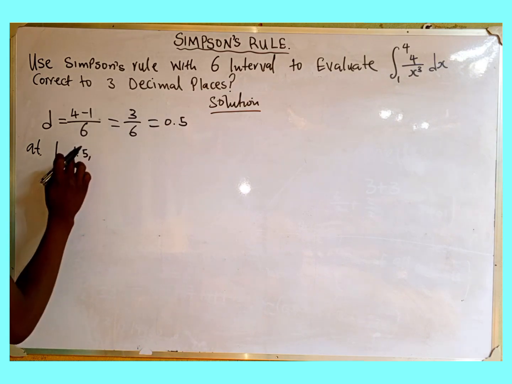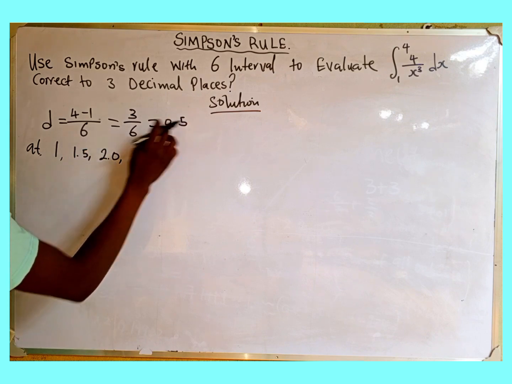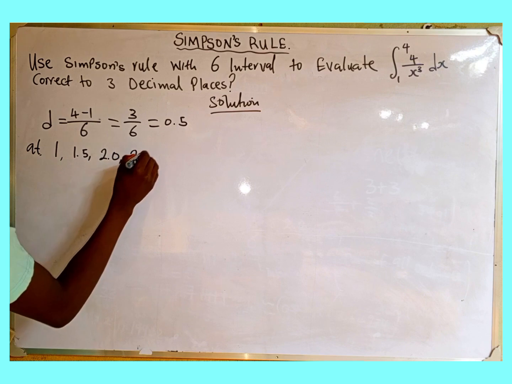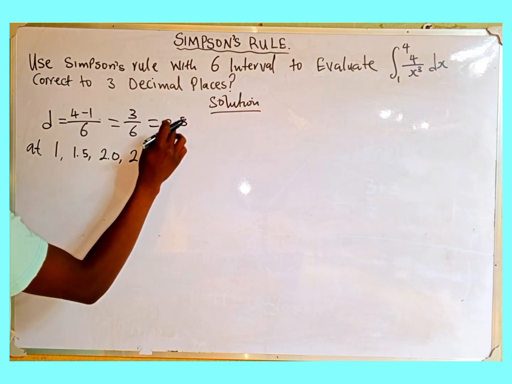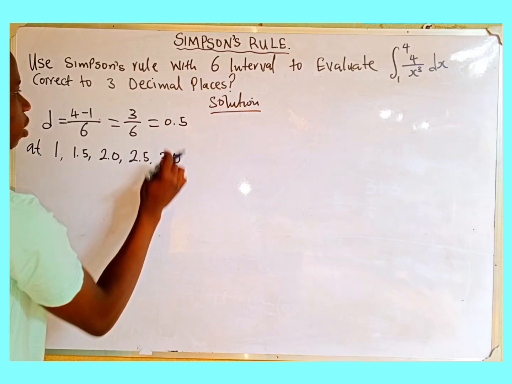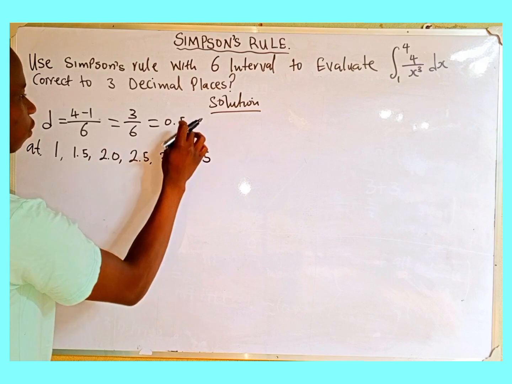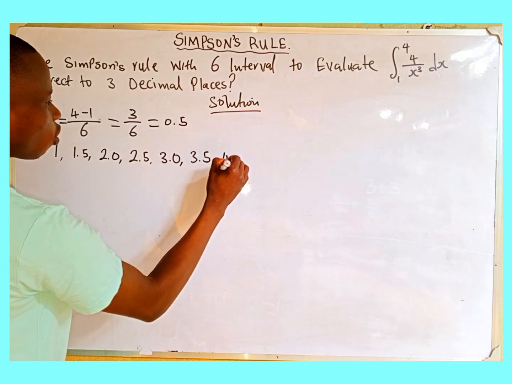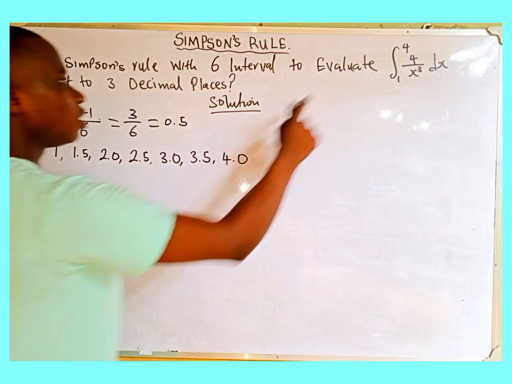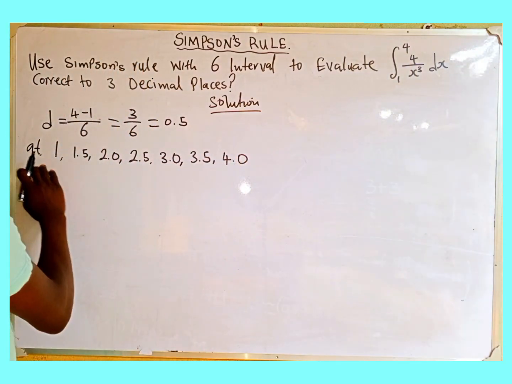Then 1.5 plus 0.5 gives 2.0. 2.0 plus 0.5 gives 2.5. 2.5 plus 0.5 gives 3.0. Then 3.5. And adding again gives 4.0, and the upper limit is 4.0, so we stop. So here are the ordinates.